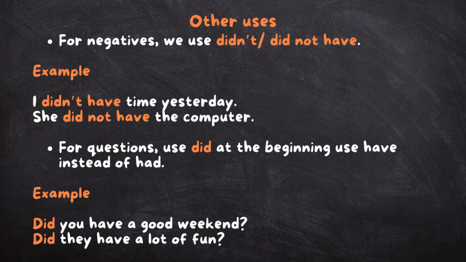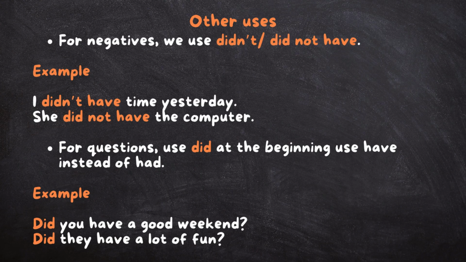We didn't use had or any other form, we just used have. Then we add didn't or did not to it. So I didn't have time yesterday, which is telling us that yesterday, which was in the past, I had no time. She did not have the computer, which is also telling us that in the time that has passed, the lady did not have the computer.